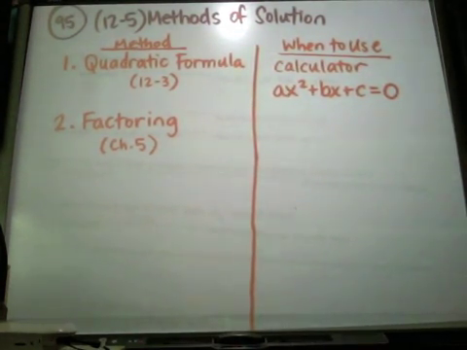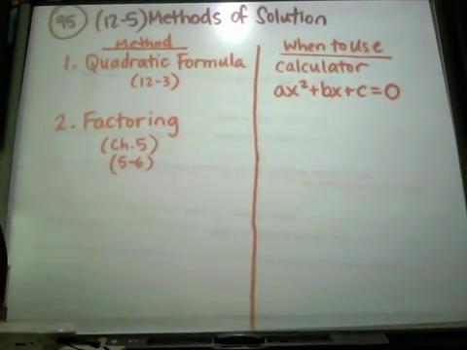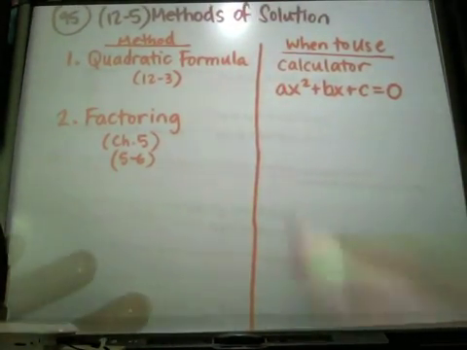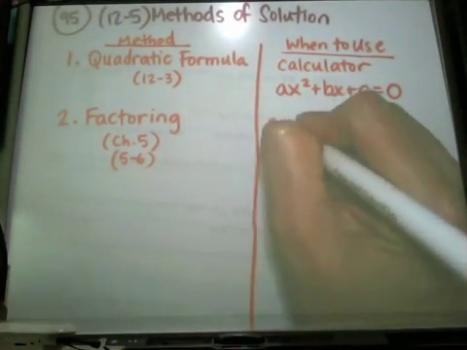And so that's really the factoring that you're going to be doing here. In chapter 5, it's 5.6. There we go. That's more specific. So it's not just all the kinds of factoring, but especially the kind of square of a binomial.